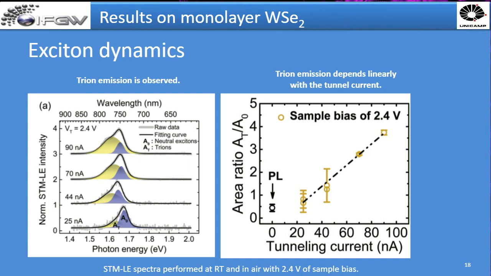So it's dominated by neutral exciton emission, which is A0 here. So that means in our interpretation that we are injecting one electron and it's looking for a hole to recombine, and that's fine. But it can happen that this exciton meets another carrier and they combine to form a trion. And this is the other peak here.